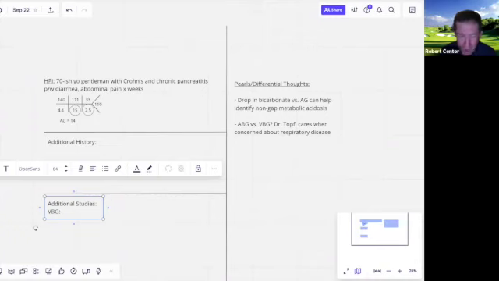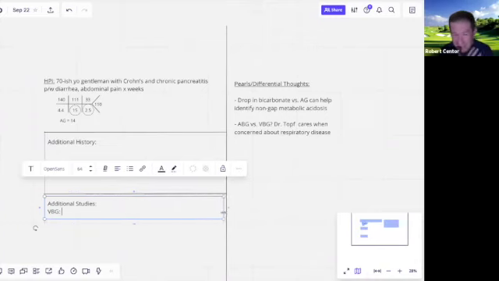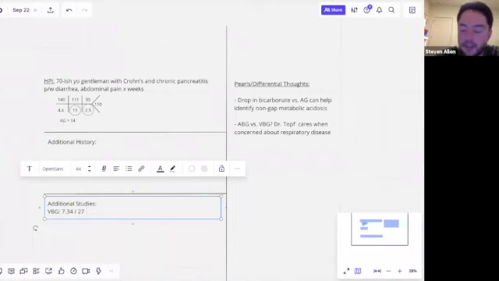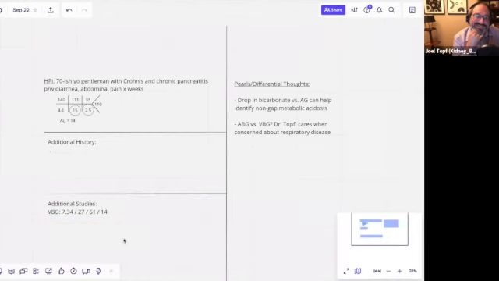And I agree with Joel 100%. I've seen people start treatment without considering that, but in fact, this one is a metabolic acidosis. Perfect. Yeah, so for the VBG, the pH is 7.34, PCO2 27, PO2 is imaginary, and the bicarb is 14.